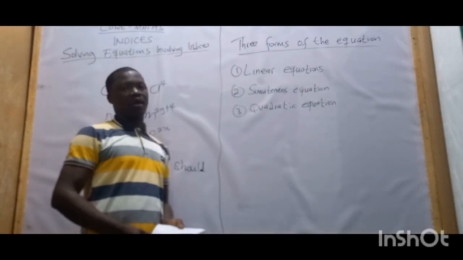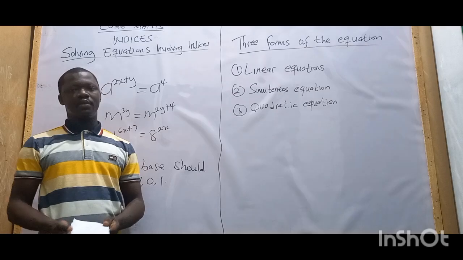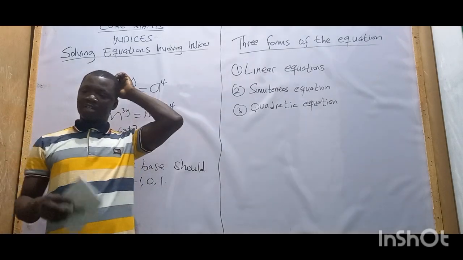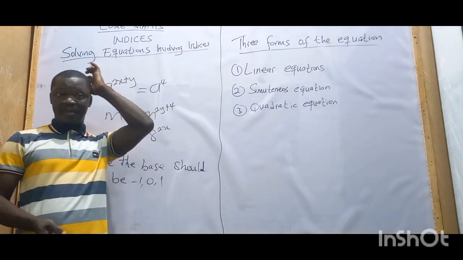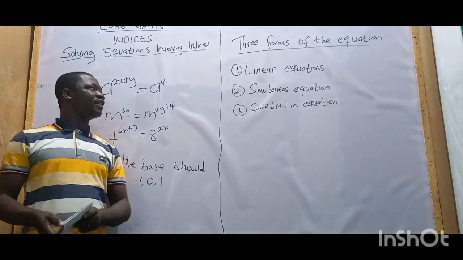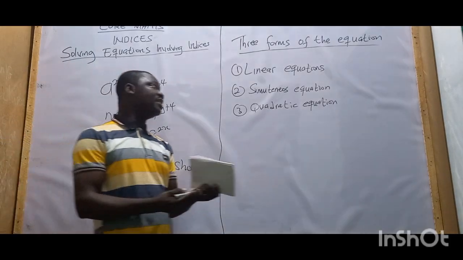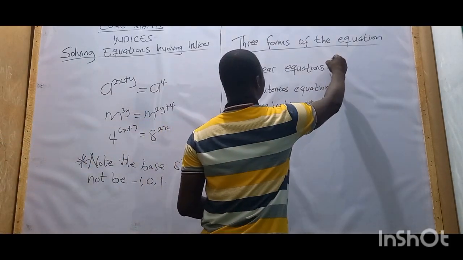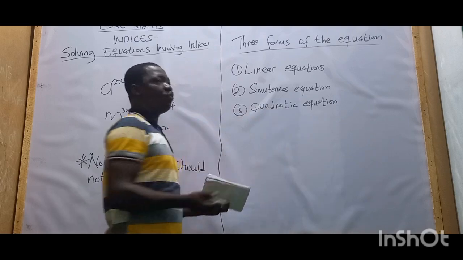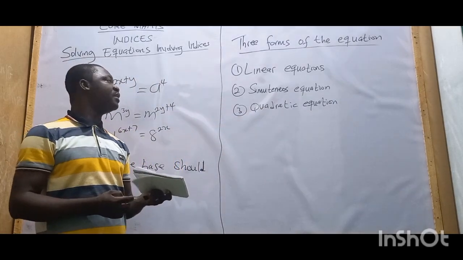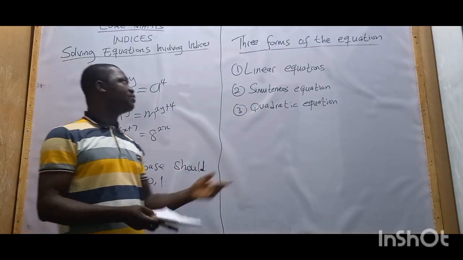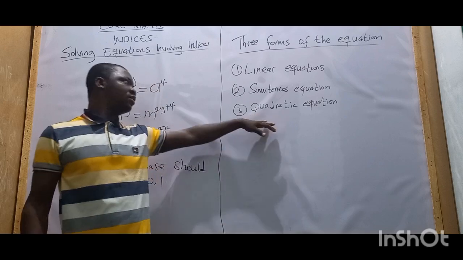The quadratic equation. Right, and if you check through the WASSCE past questions, most of the time it's the linear. Then I've seen one simultaneous equation. There haven't been any quadratic equation. There have not been any form of quadratic equation in the WASSCE.